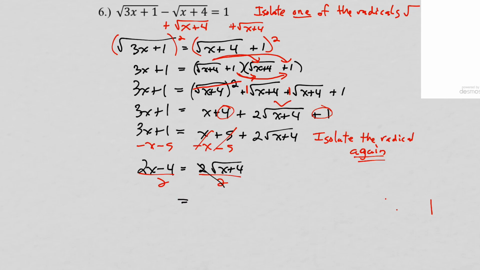So that cancels that out. So now my radical is isolated. But on the left, go ahead and divide by 2 in both terms. So that's going to be x minus 2 there. And now we square both sides like we did before.